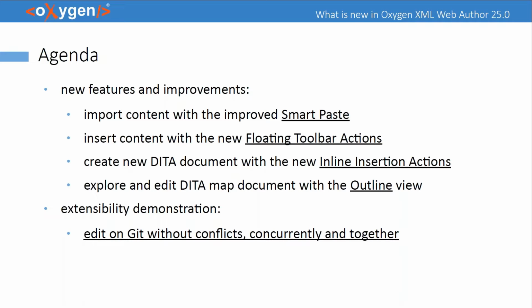The webinar is structured in two parts. The first part consists of some of the features that Web Author 25 brings, but not all. I've selected a few. Let's name them. The first feature presented is the smart paste.